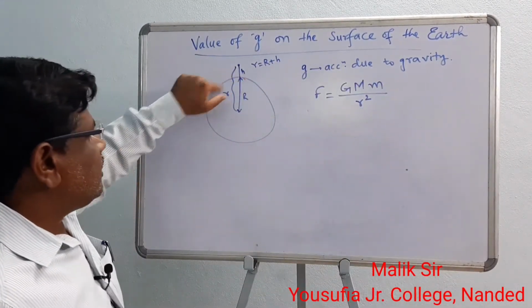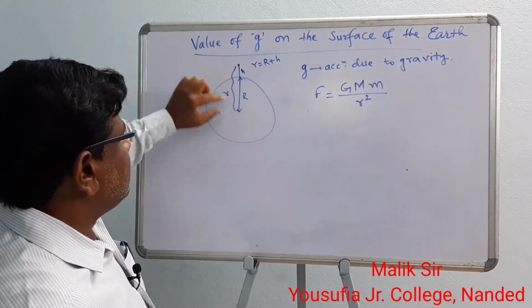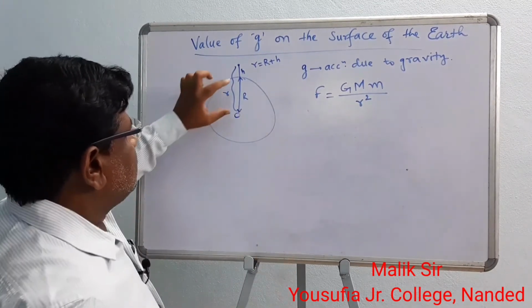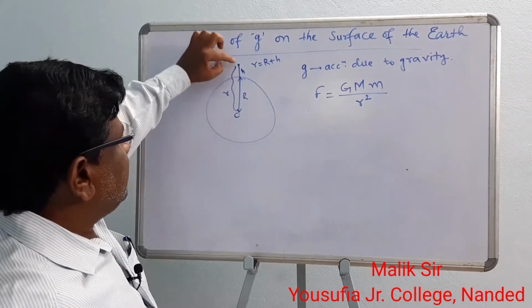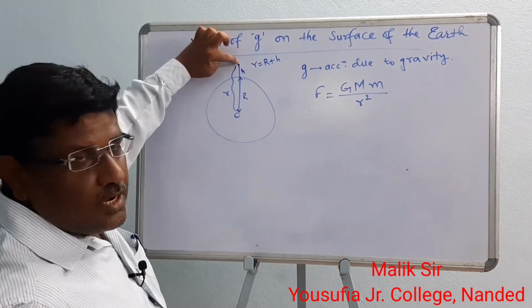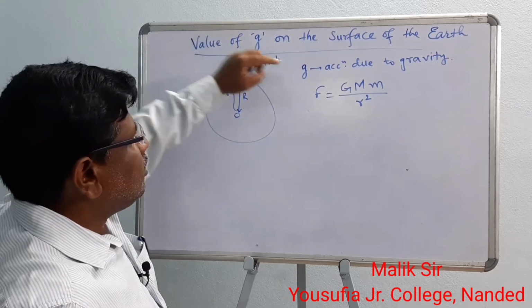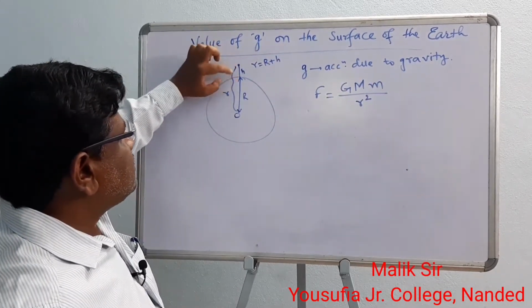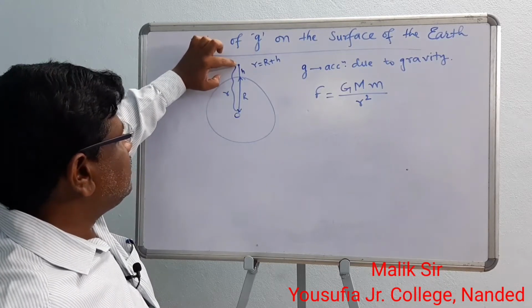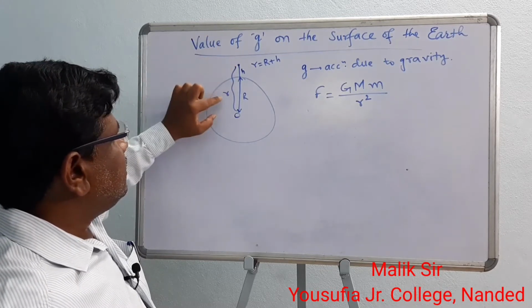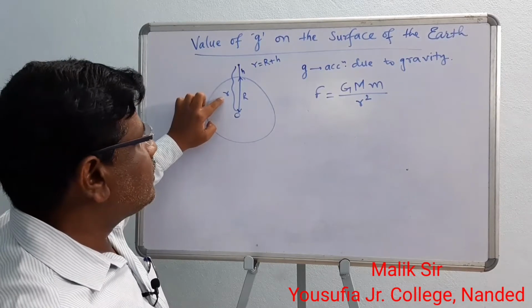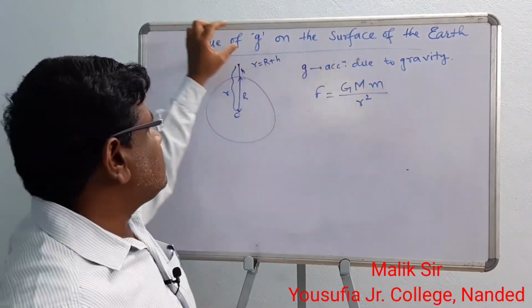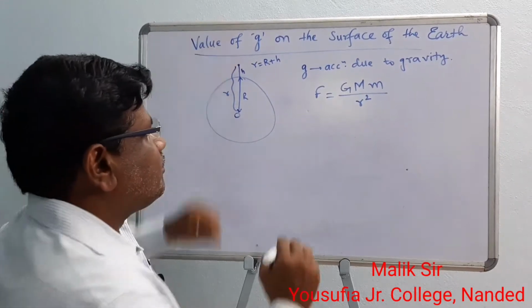If we consider the earth with its center O, this is the radius of the earth and the object is situated here. Its mass is small m, its height from the surface is h, and from the center it is small r.